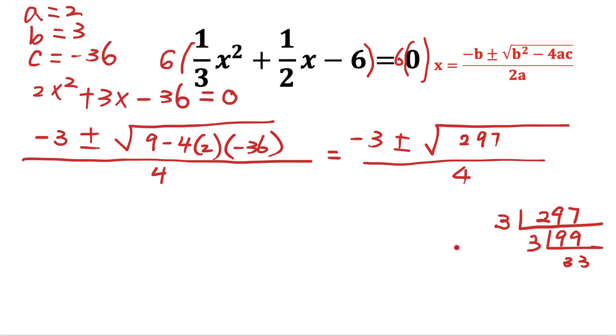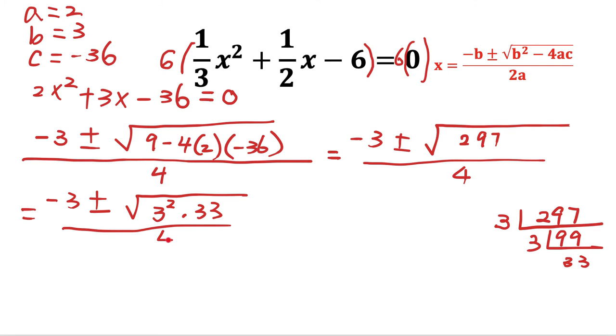So we basically change the square root of 297. Let me write it down on the next line. Negative 3 plus or minus root 297, which is 3 squared multiplied by 33, all over 4.